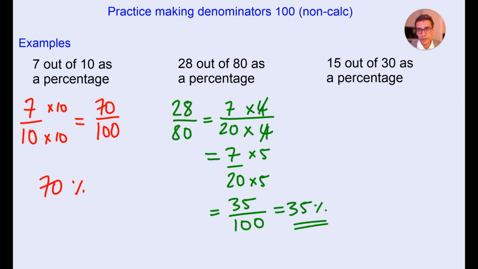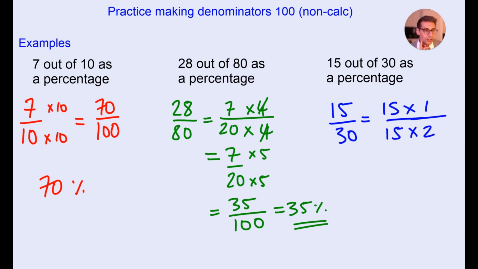Okay, now this one's slightly different as well. 15 over 30. Now 30 doesn't go into 100, so we're not going to go straight to 100 like this. The scale factor is not going to be a nice one. We want whole numbers on the denominator to make it into 100. So let's simplify it first. We know 15 over 30 is the same as 15 times 1 over 15 times 2. Cancel the 15s, so it's a half, and we know that's 50%.